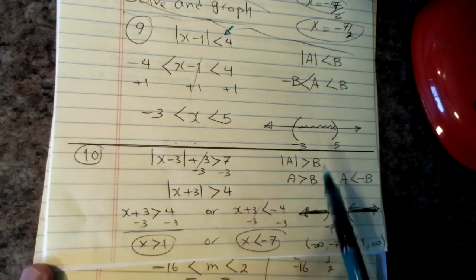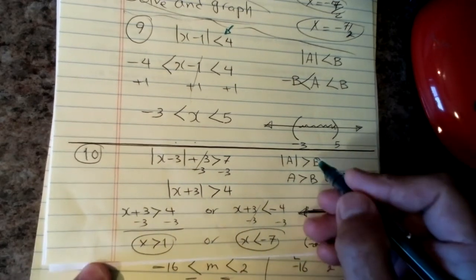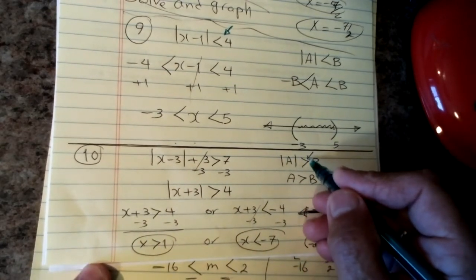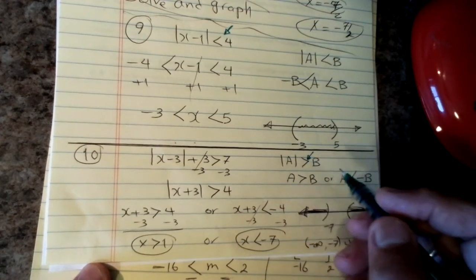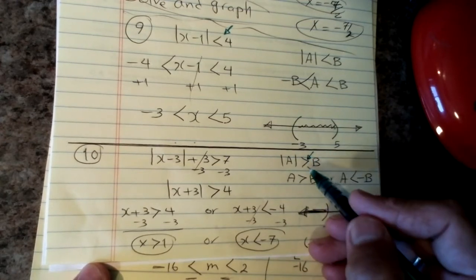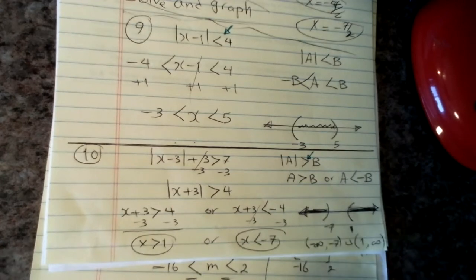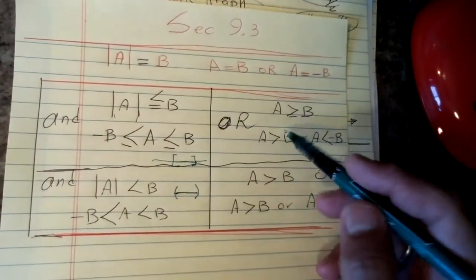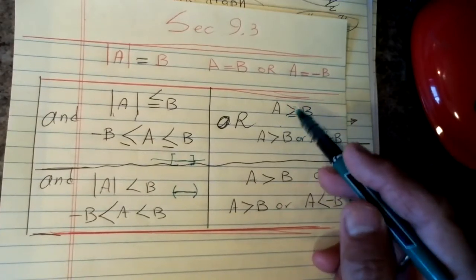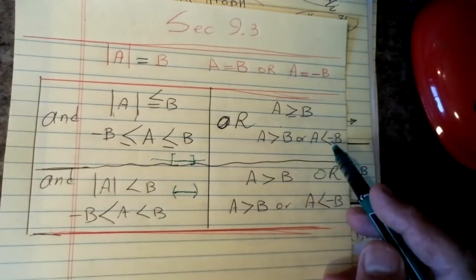Now this one, the absolute value symbol, always when you solve the inequality, pay attention to the symbol. When the absolute value is greater, A is greater than B, when you have this symbol, then it's two separate ones.